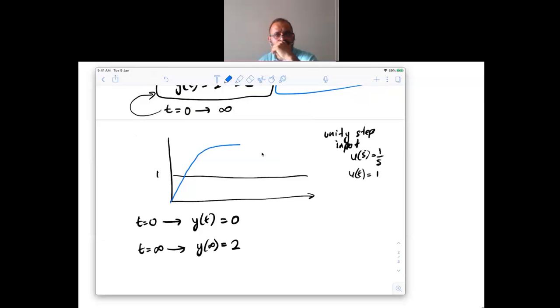And then the way it's responding is negative exponential. This is how negative exponentials look like. Okay, so starting from 0, it will start to increase, pass 1, and then it will stop at a value of 2. Okay, that's how your system y(t) is responding.